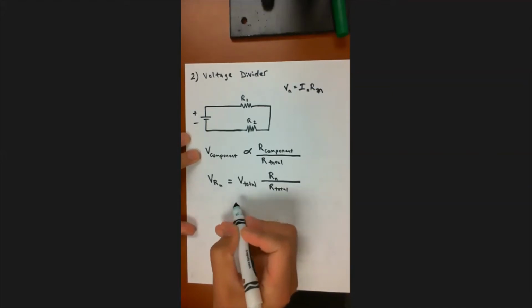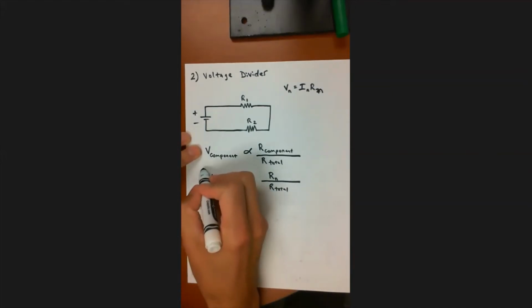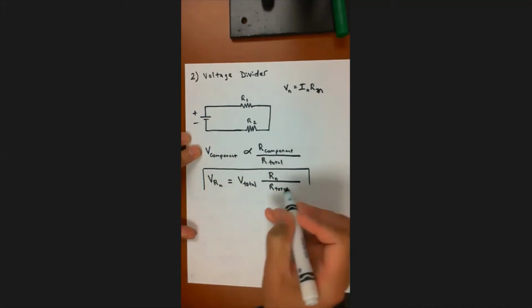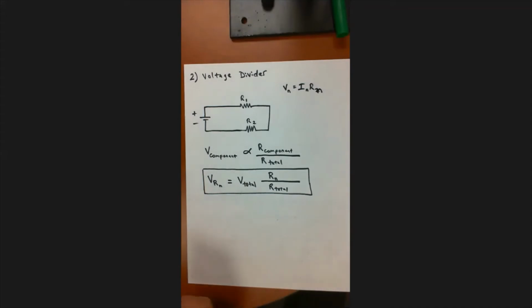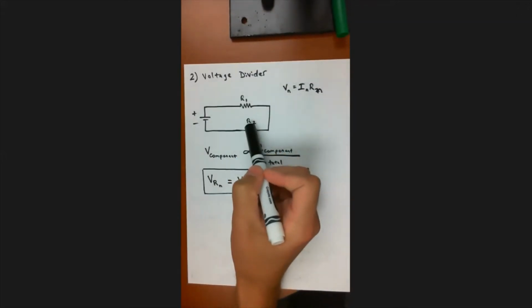That is known as the voltage divider equation, because all we're doing is dividing up the voltage. We're apportioning the voltage as a proportion of its resistance compared to the total resistance in the circuit.